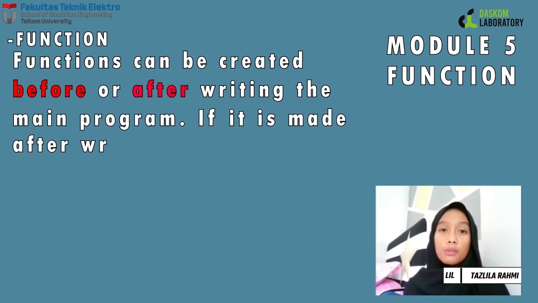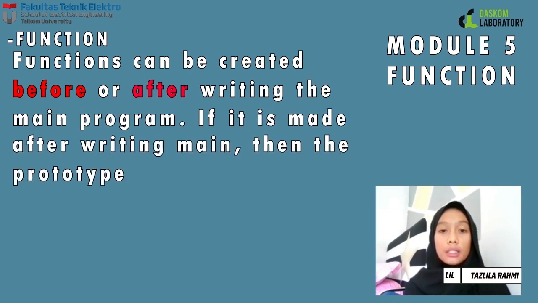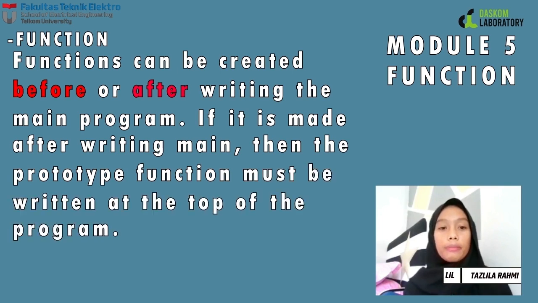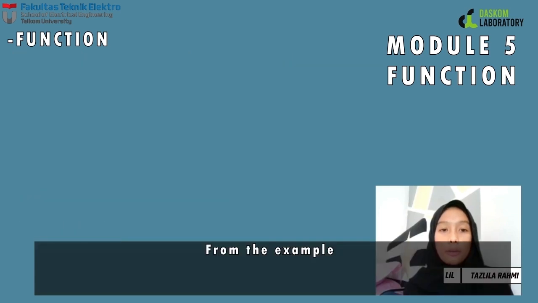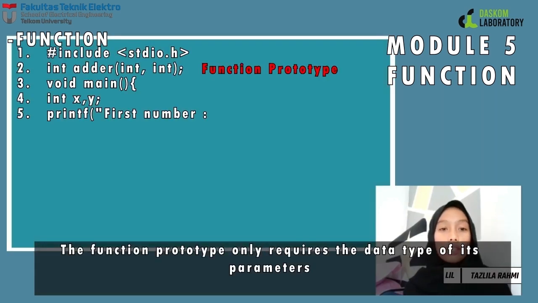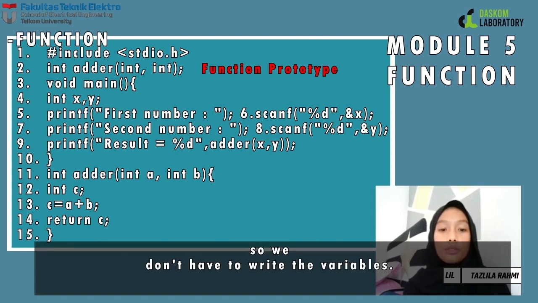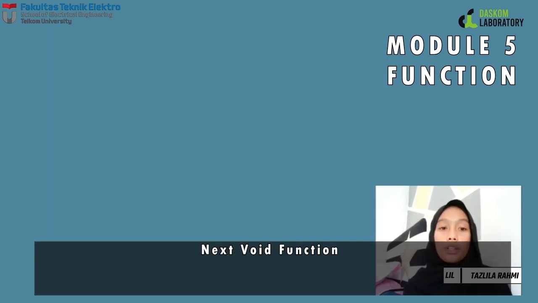If it's made after writing main, then the prototype function must be written at the top of the program. From the example, the function prototype only requires the data type of its parameters, so we don't have to write the variables.